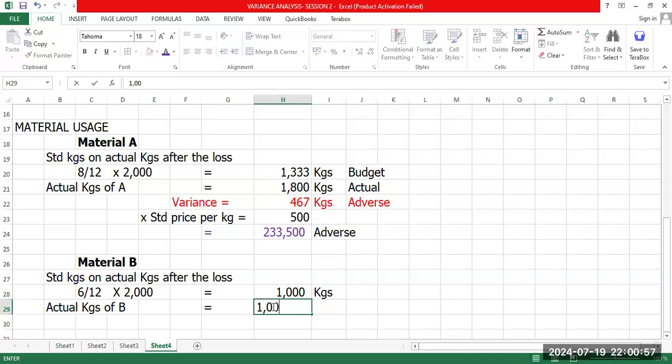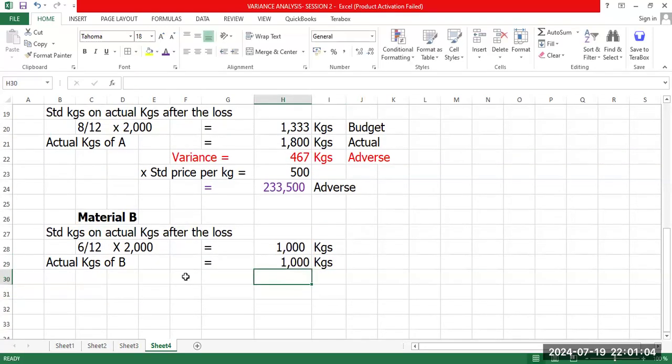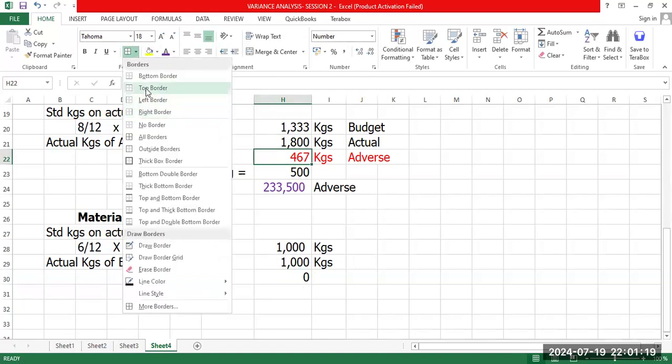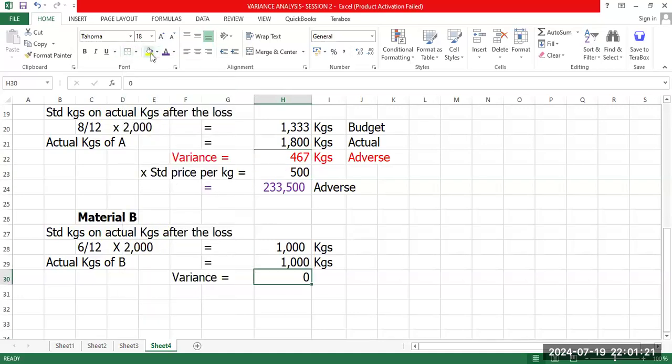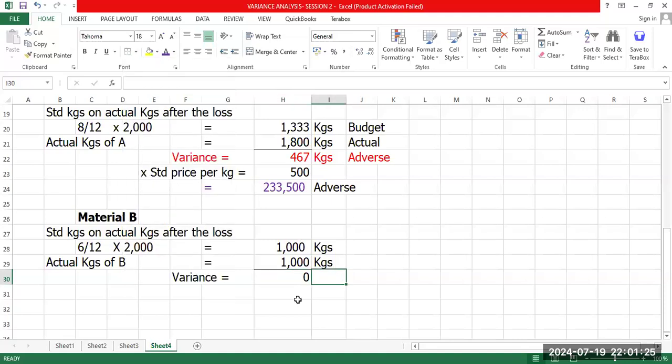Do you have a variance here? Here the variance is 0, because the budgeted is equal to the actual. So you stop there.